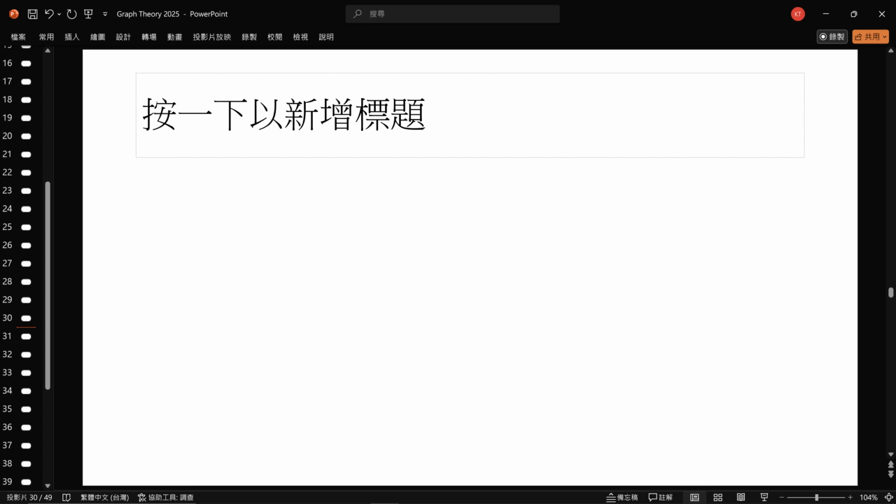So this Vn is the one that has the smallest degree, and currently it is adjacent to some vertex x.